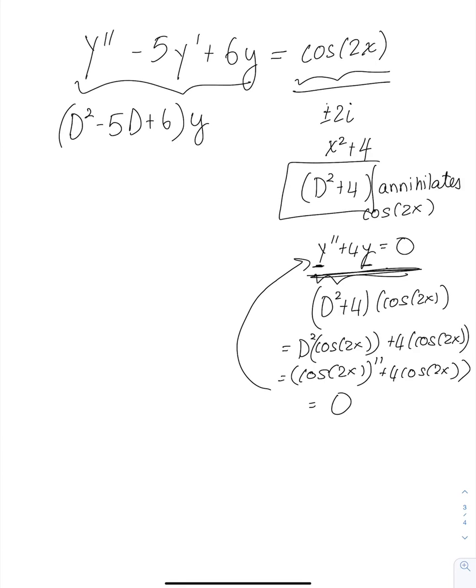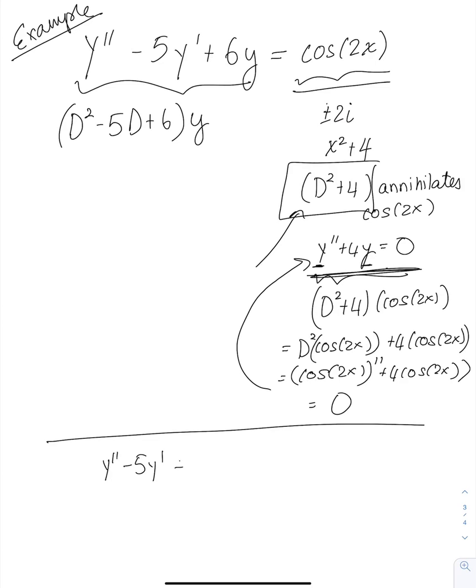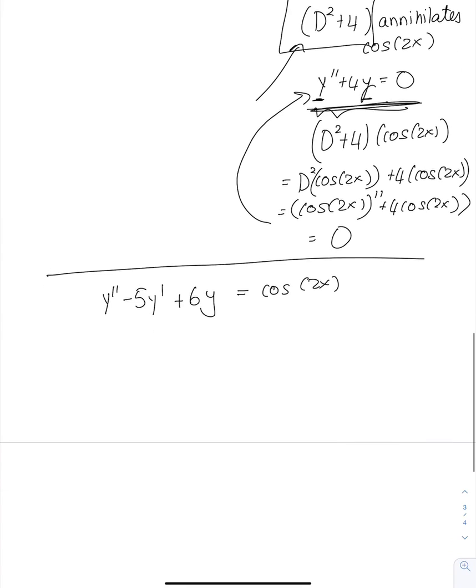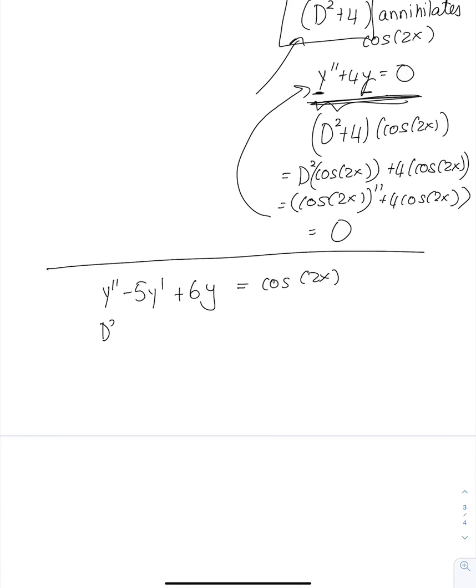I'm going to write down this differential equation in operator form, and we're also then going to use the information that that operator annihilates the right-hand side. So y double prime minus 5y prime plus 6y equals cosine 2x. I'm writing it down as (D squared minus 5D plus 6) y equals cosine 2x.